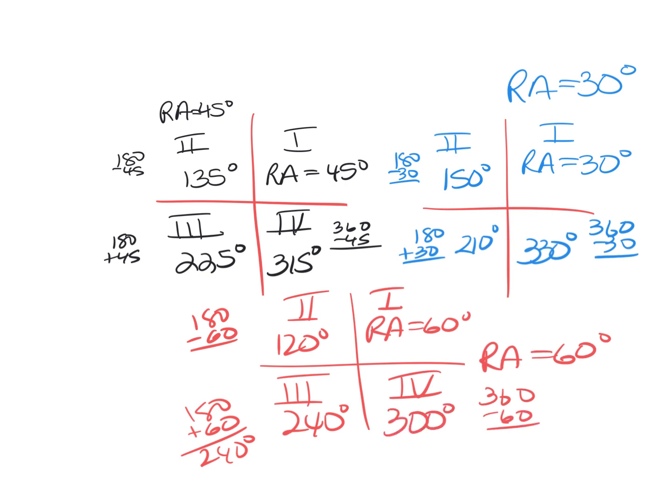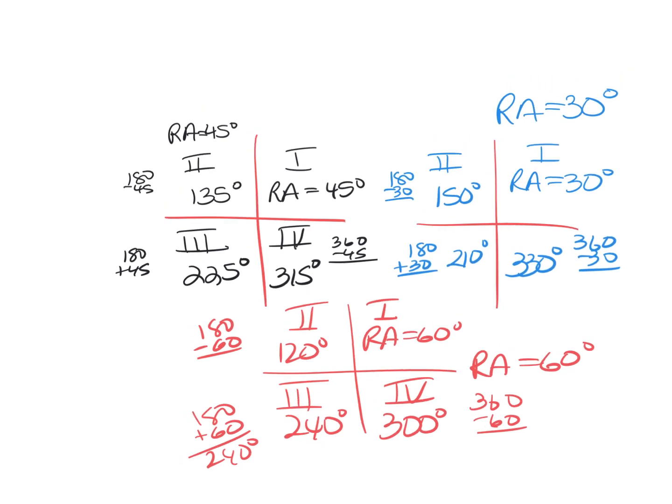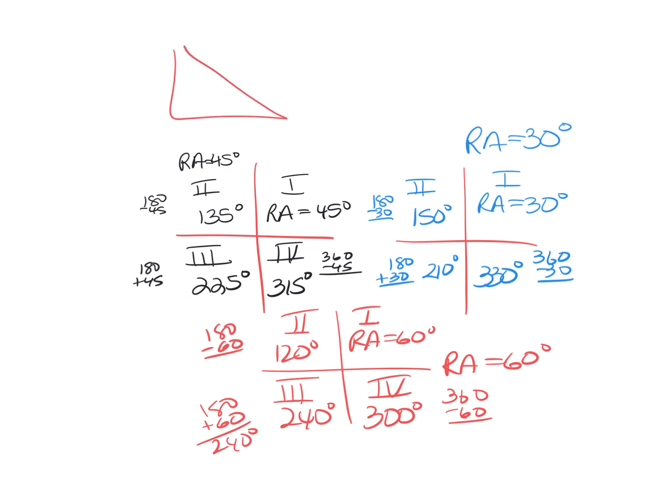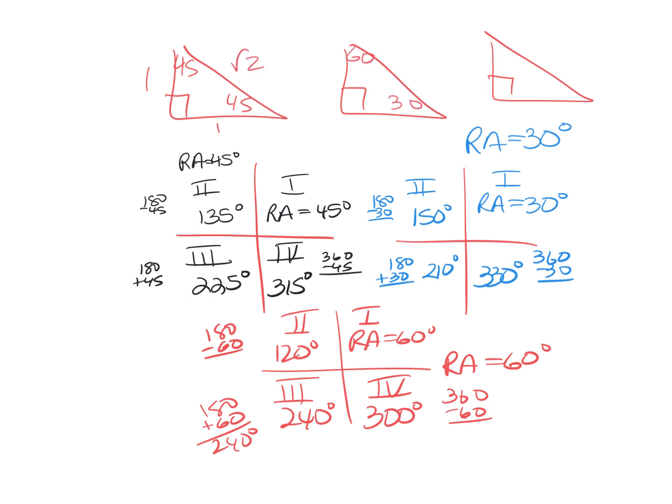So if you want to memorize these, and again, when you take the test, just draw the special right triangles one time if you want, so you don't need to keep reusing them. Or you can keep reusing them. So 45, 45, 1, 1, root 2, 30, 60, 90, root 3, 1, 2. And if you're going to label it based off the 30, this is opposite, adjacent, hypotenuse.